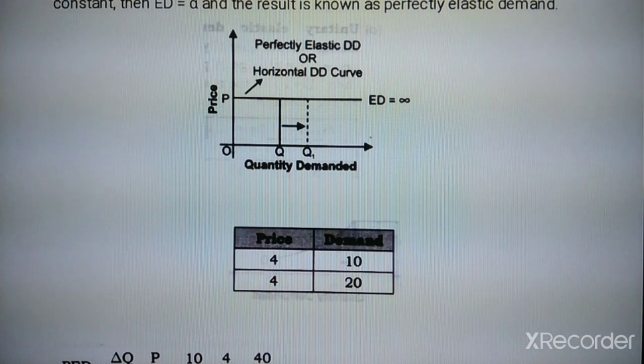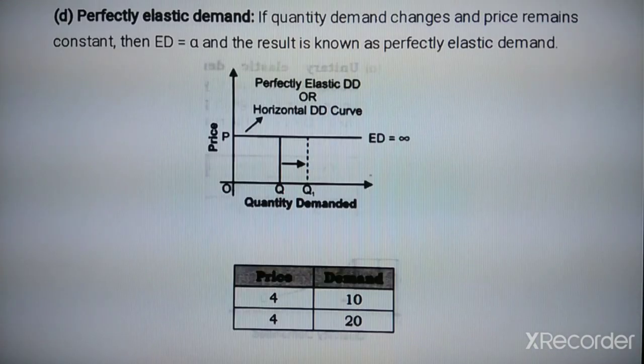Now next is perfectly elastic demand. What is perfectly elastic demand? If quantity demanded changes and price remains constant. In the graph you can see the price is the same but the quantity demanded is changing. In that case the price elasticity of demand becomes infinity.